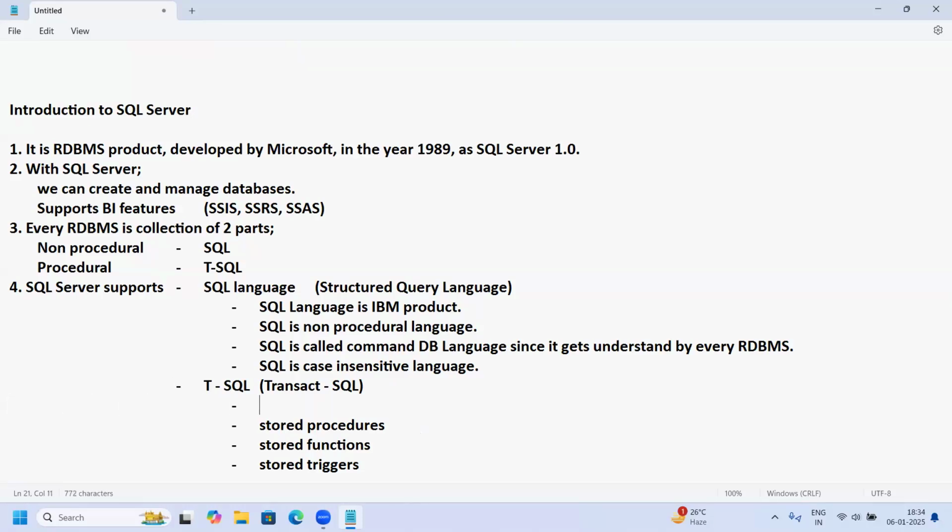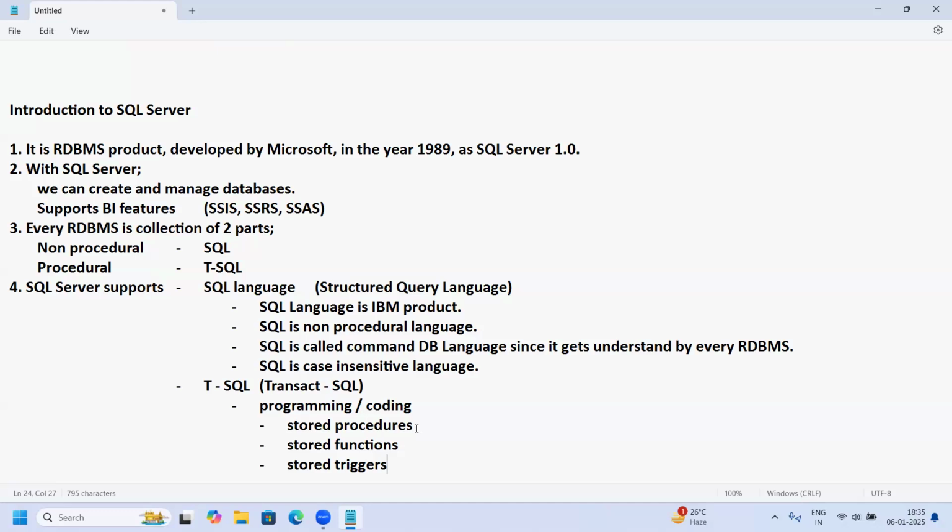T-SQL deals with programming, coding. How do we do it? Using stored procedures, using functions, using triggers, that's the coding part. Only this much? No, no. I'm just giving an idea of T-SQL.